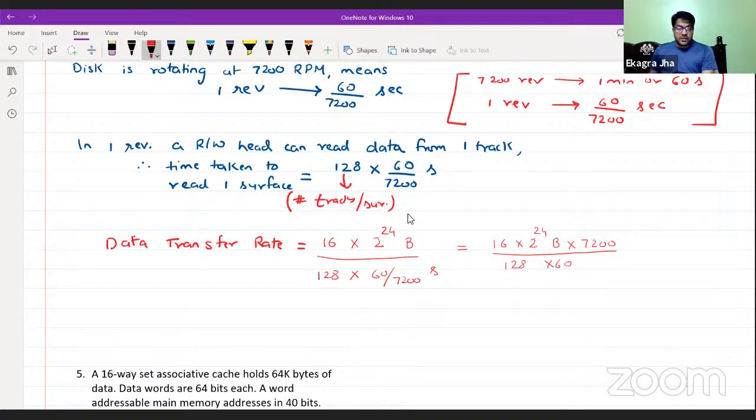And we can do one thing also. Let's erase that byte here, and we can have this in bps, bytes per second.